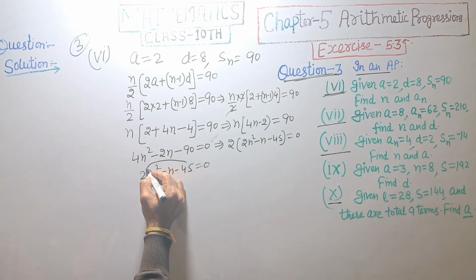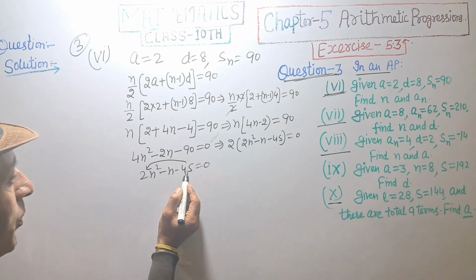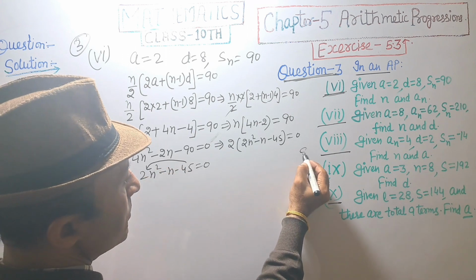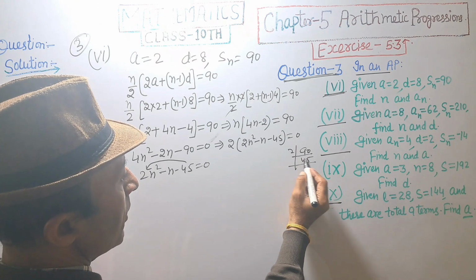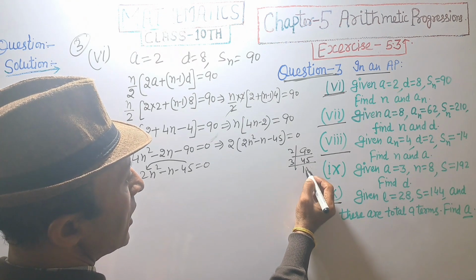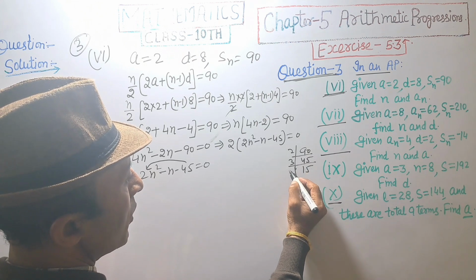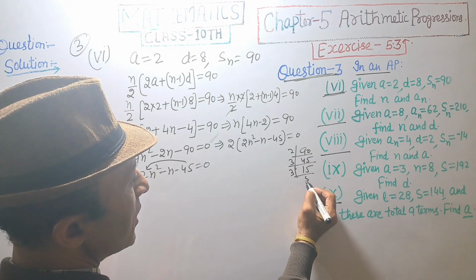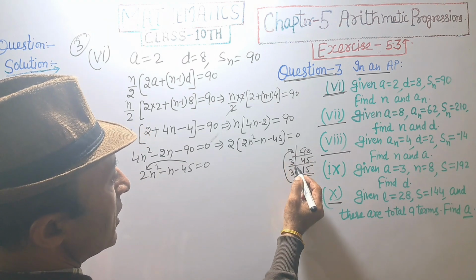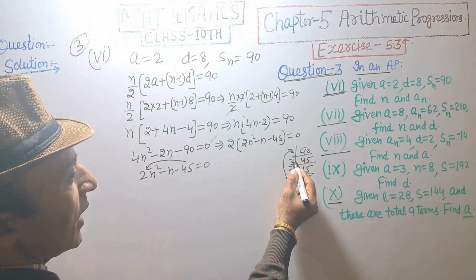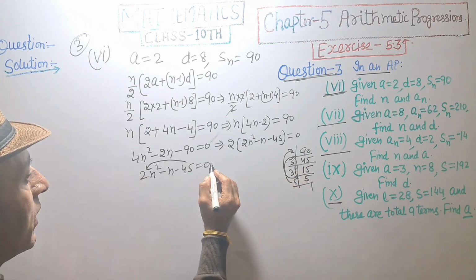And splitting the middle term: 45 2s are 90. 2 45 2s are 90, 3 15 3s are 45, 3 5s are 15, 5 1. Split: 5 2s are 10, 3 3s are 9.